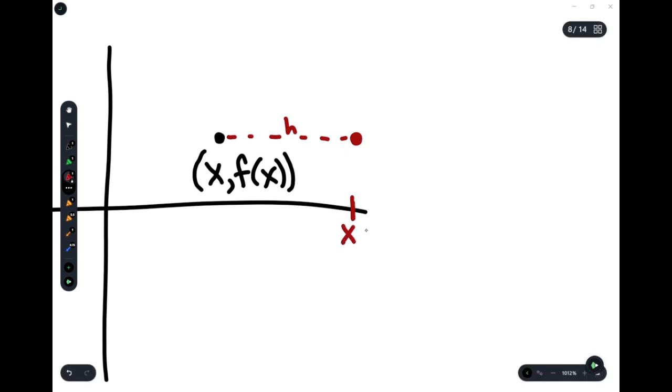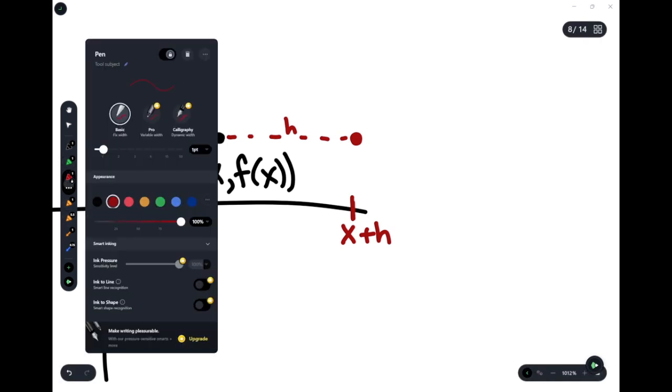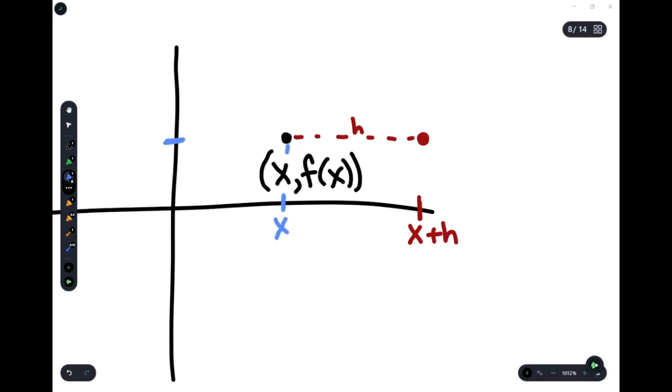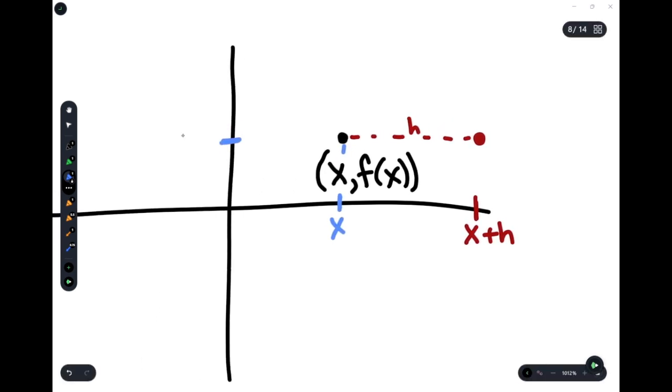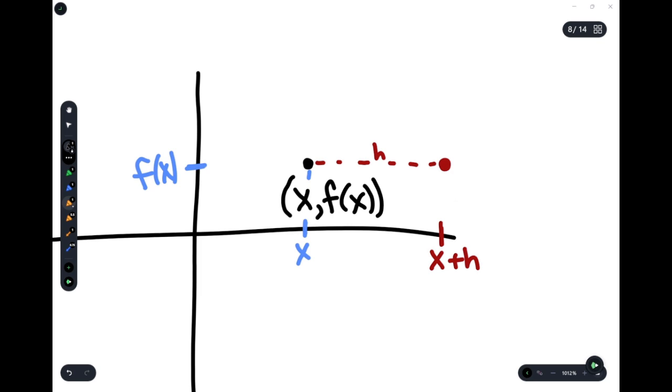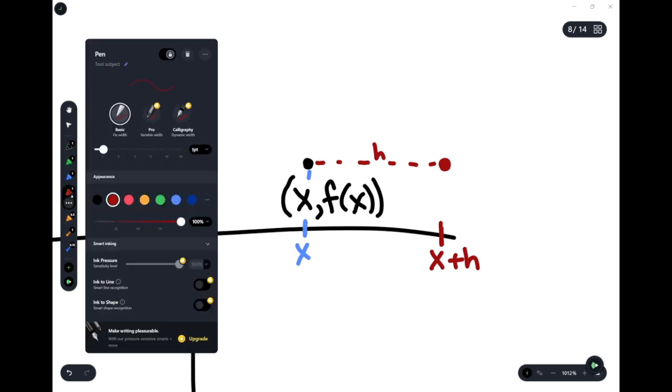This x value now is x plus h, right? Which means that, hang on, I got to do this in blue. That means that this x value was x, right? And this y value was f of x, right? And how high did I go? No, I'm going up now.